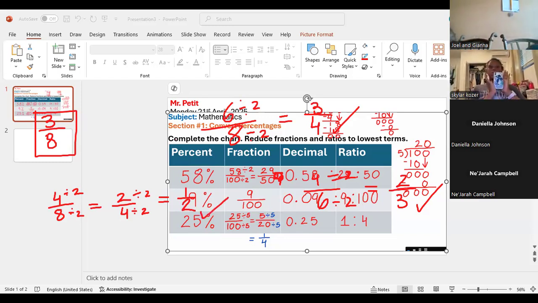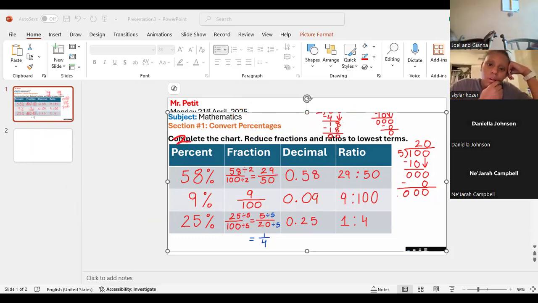What's the next one? 2 over 6. What number could go into 2 and 6 without leaving a remainder? 2. Simplify this for me. 2 over 3.